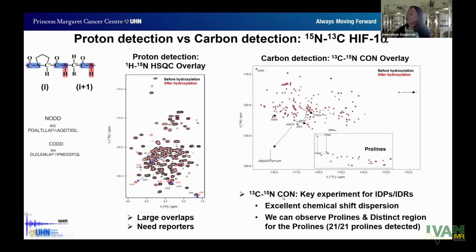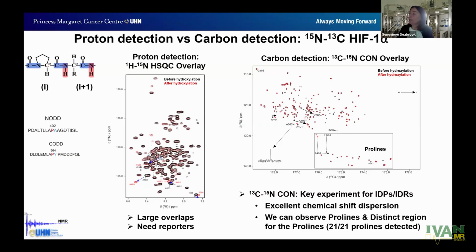So we've got multiple advantages by using the carbon-detect CON. The first one is you have an excellent chemical shift dispersion. The second one is that you can observe the proline. And the third one is the fact that this region for the proline is well separated from the rest of the amino acids. So once your experiment is done, in less than half an hour, you know immediately which prolines are getting hydroxylated, which is really, really neat.